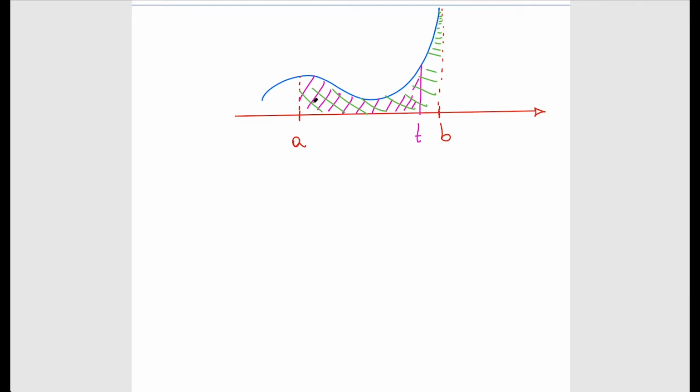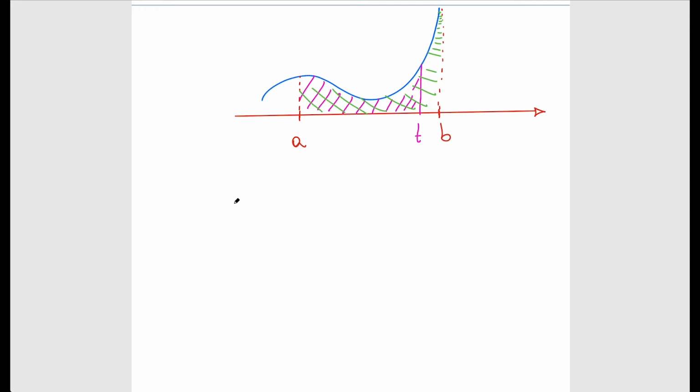Now, if this pink region, as T gets closer and closer to B, gets closer and closer to a finite number, then we refer to this as being the area of the region below the curve, to the right of the line x equals A, and to the left of the line x equals B, and above the x-axis.